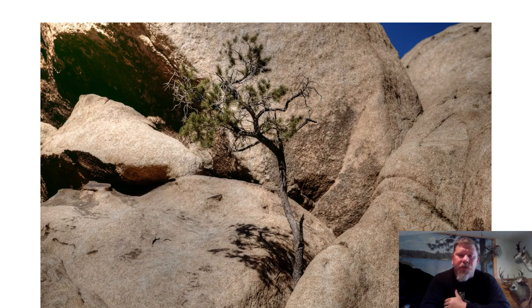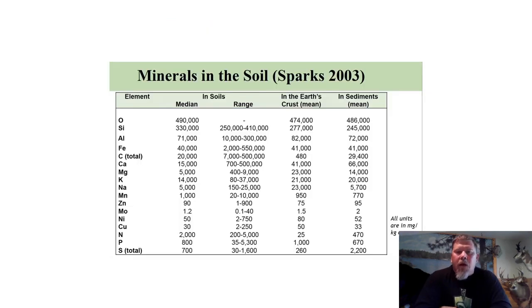So the big question of soil versus dirt. There's a lot of studies that have been done over the years, and Sparks did this one in 2003, where he looked at all the soils that he could around the earth and what nutrients, what minerals were in that soil.